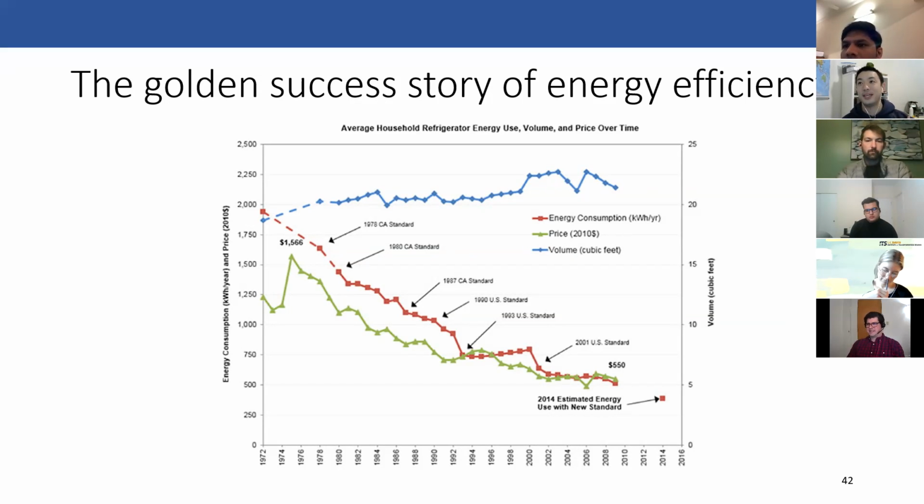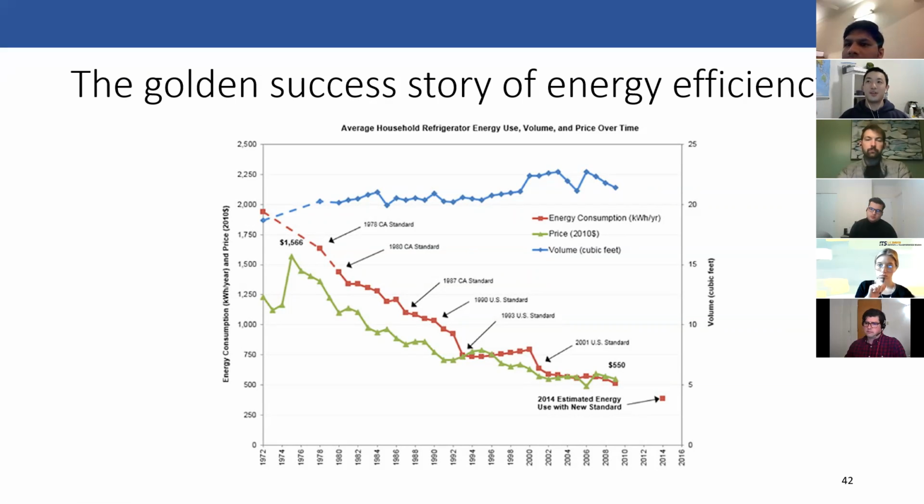Because basically what happened is that it was all really low-hanging fruit with technology improvements, coupled with standard requirements. Essentially, states and even the federal DOE basically ratcheted up these standards to make refrigerators more efficient.